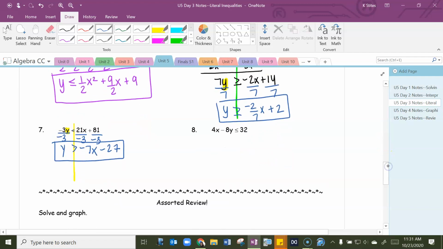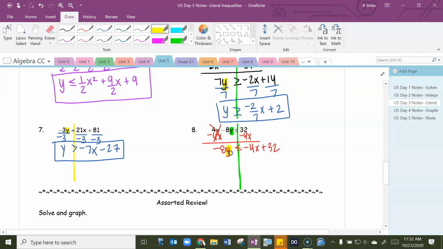All right, let's try this one more time. Solving for y, first move your x over. It's a positive, so I will subtract it. Yeah, it's a -8y less than or equal to. Again, put your x first. It's a -4x and a +32.